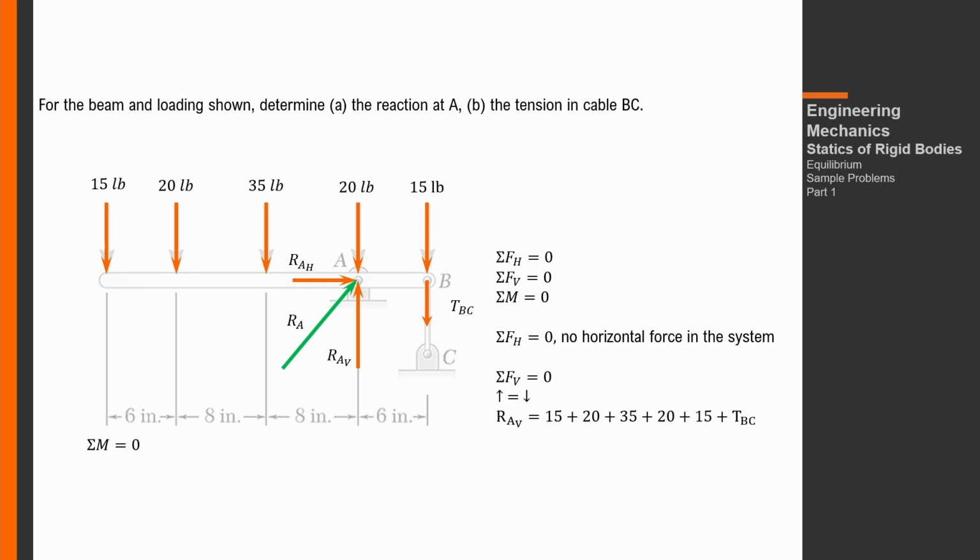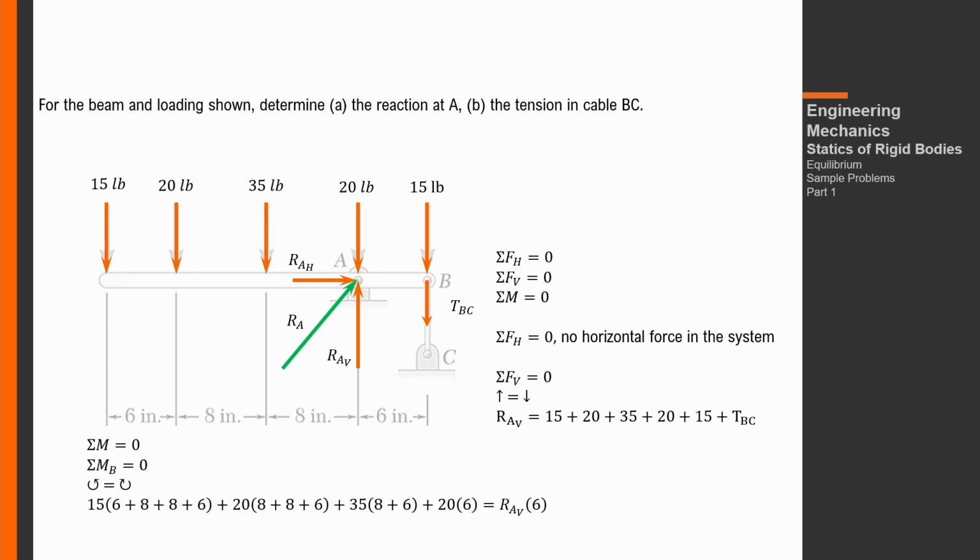So, ang sabi kanina, pwedeng mag-moment dun sa point para mawala yung distance ng isang force na unknown, equal to 0 dun sa line of action niya. Dahil yung required, yung una ay reaction sa A, so pwedeng mag-moment tayo sa B dahil nandun yung line of action ng tension sa cable BC. So, summation ng moment sa B, counterclockwise moment equal sa clockwise moment.